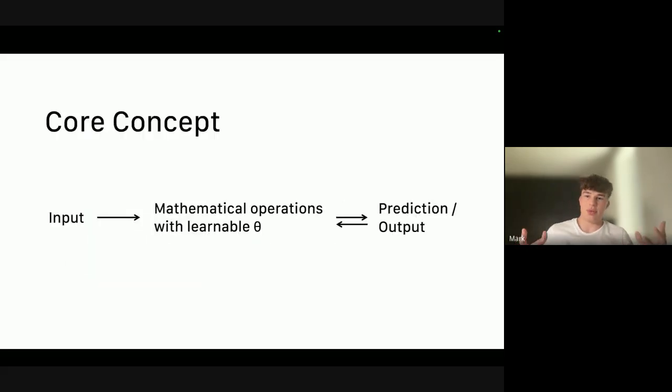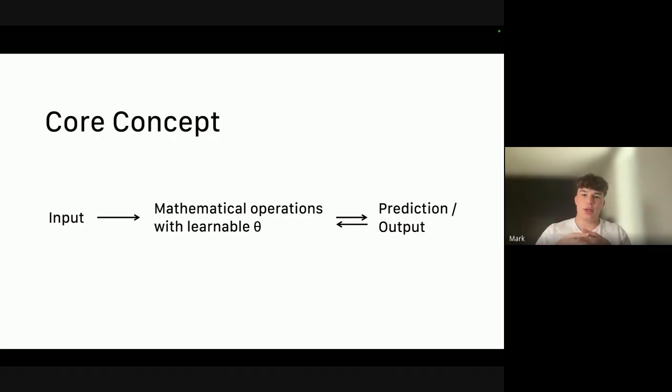The core concept of every machine learning task or AI task is you have an input in numerical data. So some kind of numbers in every format. You could have literal numbers, or you have images, and then you have pixel values for each pixel, right? The RGB values or the hex values, and those are your numerical inputs.